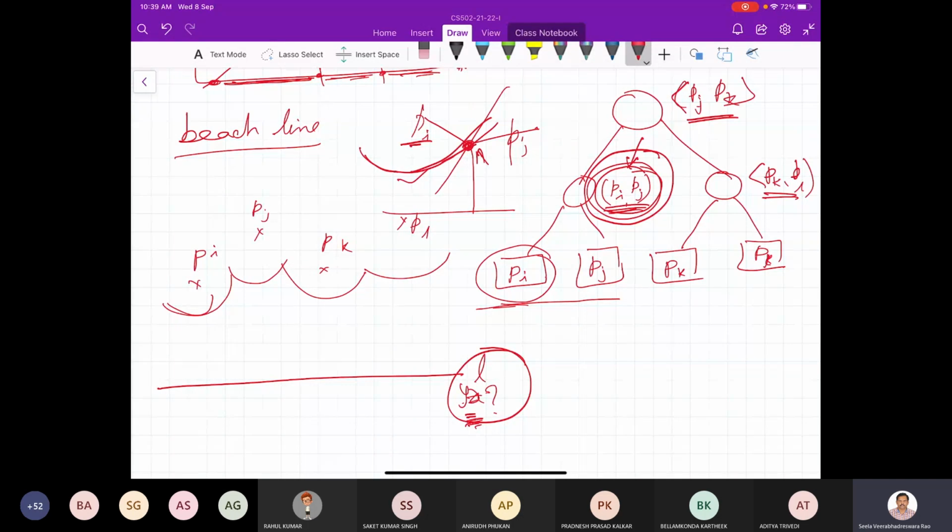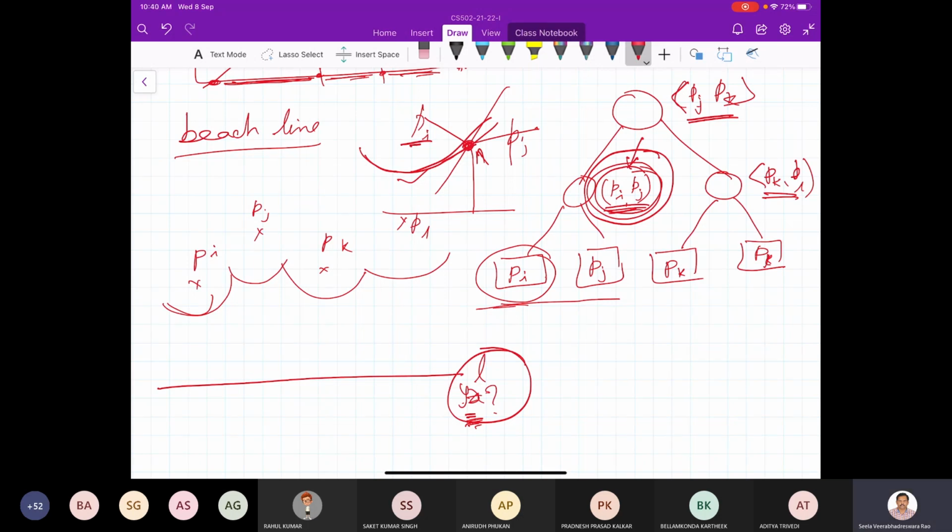Nobody pointed out? Are you listening? Yes, sir, listening. Yes, it's the y coordinate, the horizontal line parallel to the x-axis. So we can calculate the parabola and the point on the Voronoi edge whenever required.